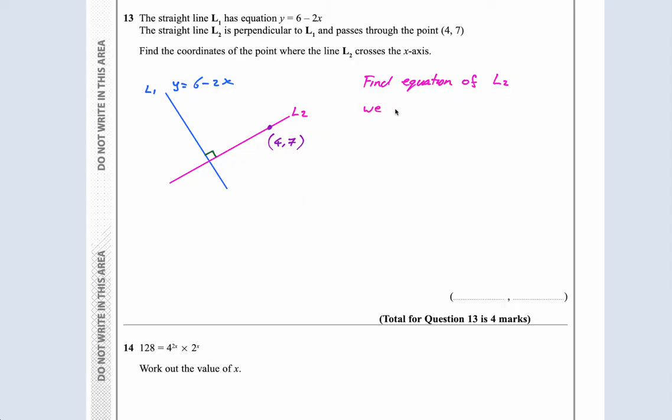We need the gradient and a point. The point is 4, 7. We have that point.